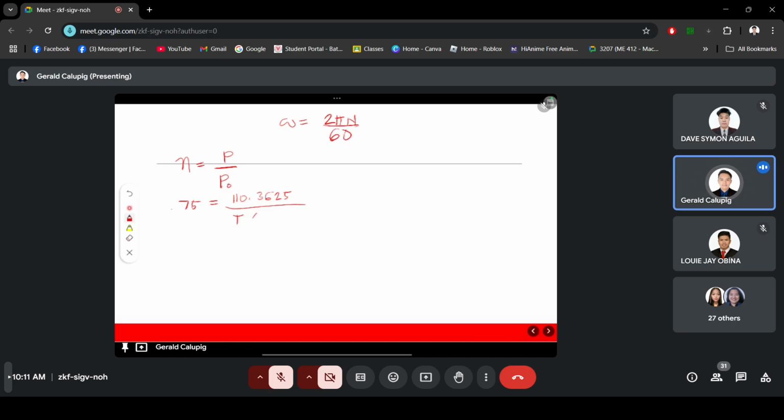So we can have 2 pi times, what is the value of n? 1,800 RPM over 60 to make it in seconds. So our T will be what?